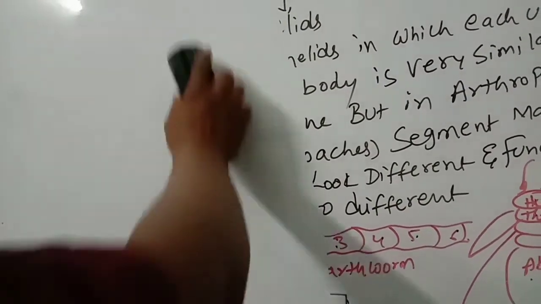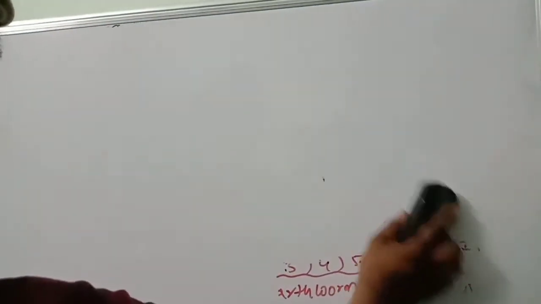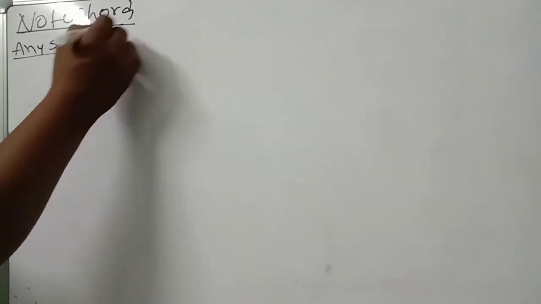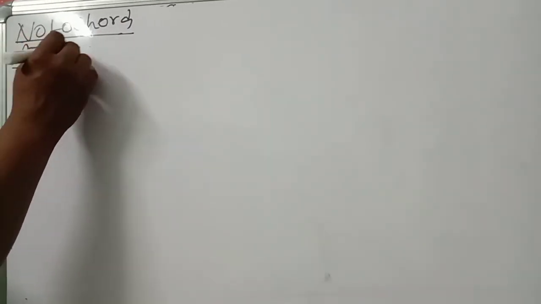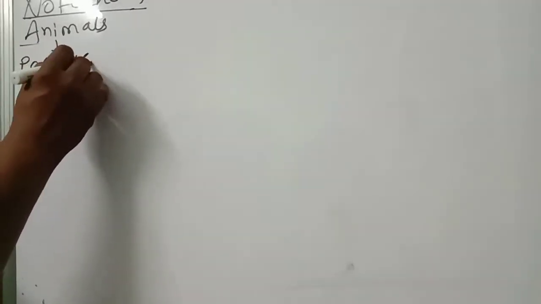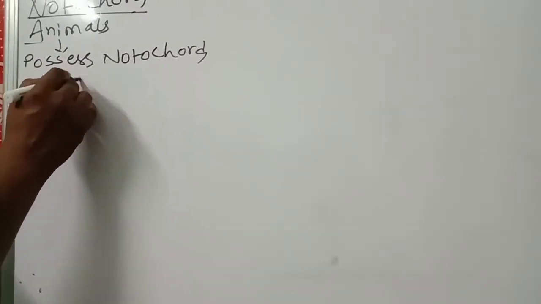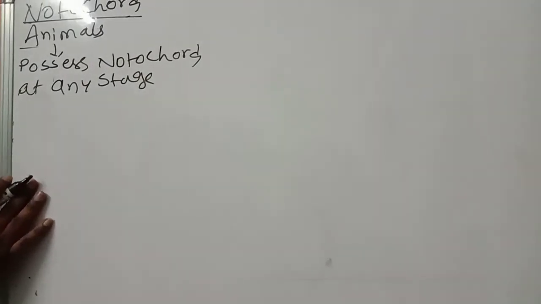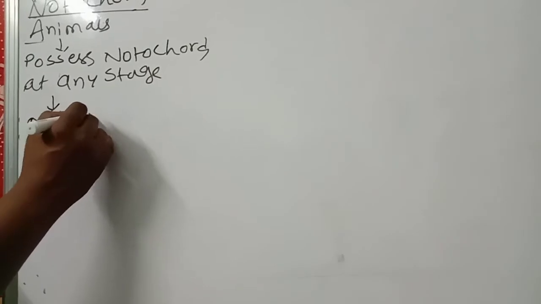notochord. If notochord is present at any stage of their development, here I am defining completely: animals which possess notochord at any stage of their development are called chordates.